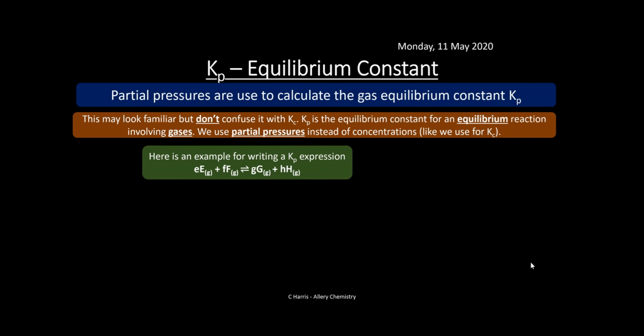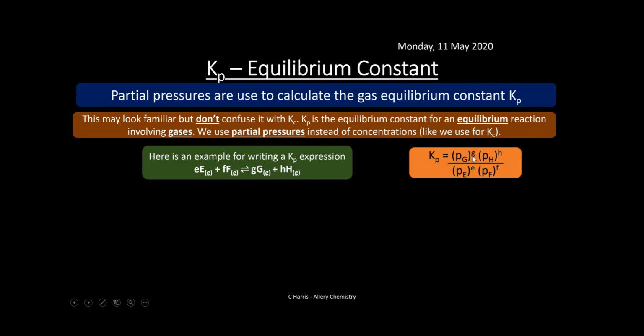So here's an example for writing a Kp expression. We've got E, which is in gas form, F is a gas, G is a gas, and H is a gas. Because all these are gases, we can use the Kp expression here. So Kp is the partial pressure of G times the partial pressure of H, divided by the partial pressure of E and the partial pressure of F. And you can see here we've got our superscripts, our indices at the top.